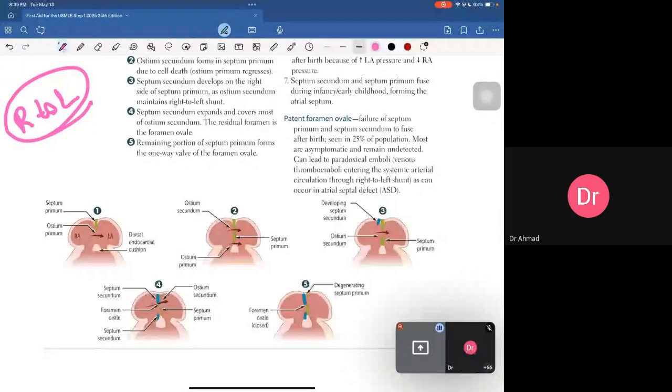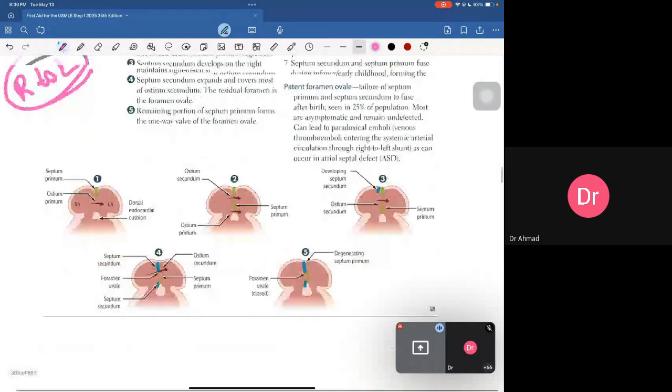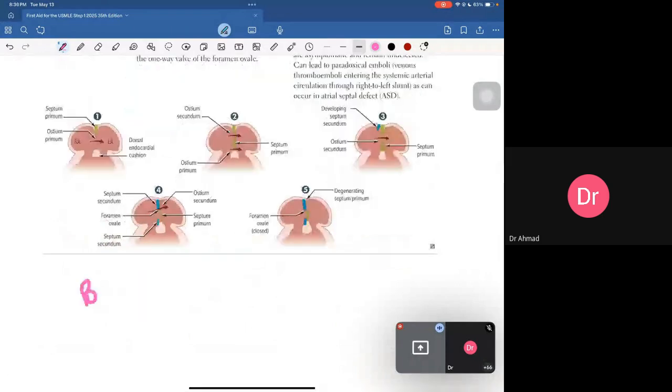Okay, so let me tell you one thing about cardiology that would help you a lot. In cardiology, there is a rule that blood always goes through the path of least resistance. So if blood has two ways to go, it will always follow the path which offers the least resistance.